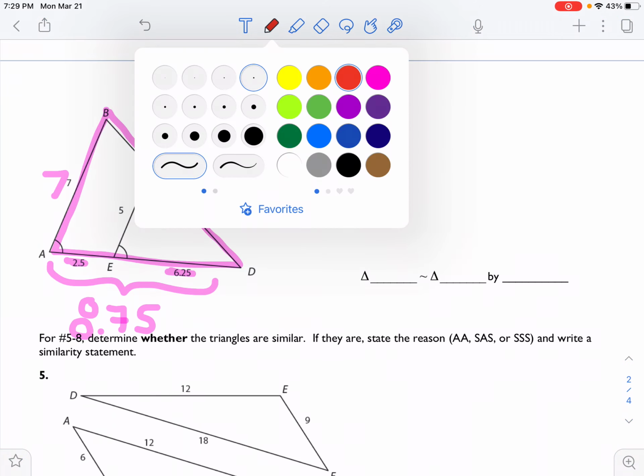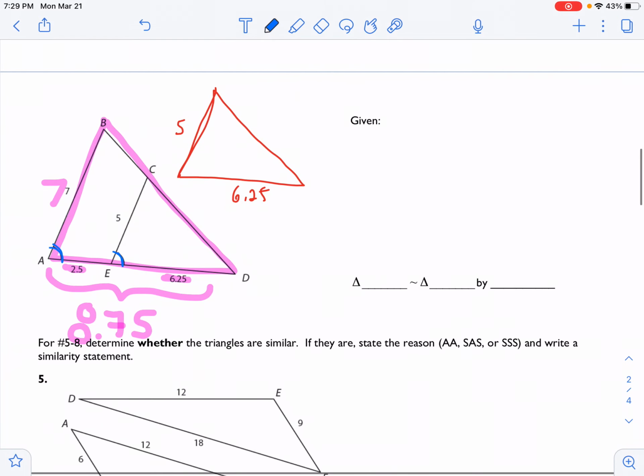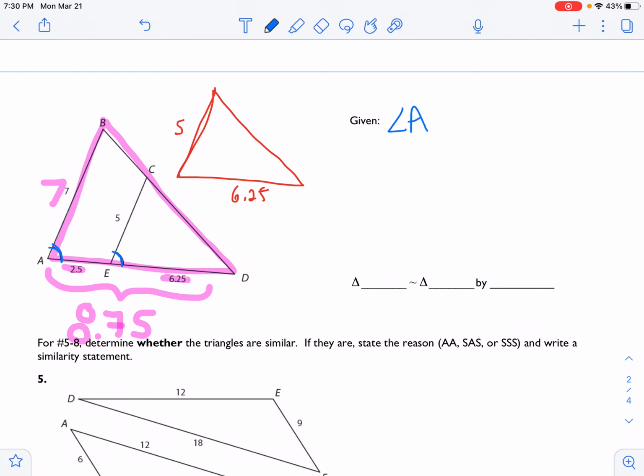And so then we could check. Well, first off, angle A is the same as angle E because they told us. Next, let's check. 7 divided by 5. That's 1.4. And 8.75 divided by 6.25.